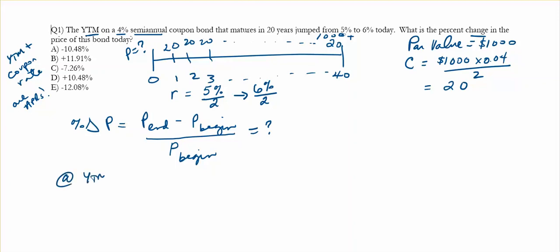So when the yield to maturity is 5%, we can plug all the numbers from the timeline into the present value formula for a bond.